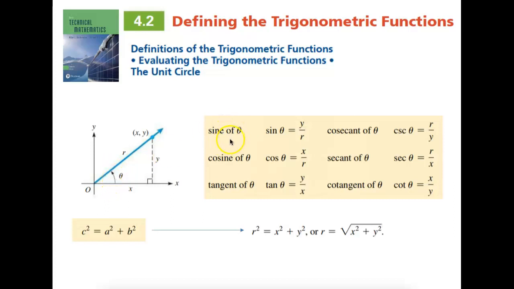To abbreviate these terms, we have sin theta, but we still say the sine of theta is, and this is its definition, y divided by r.